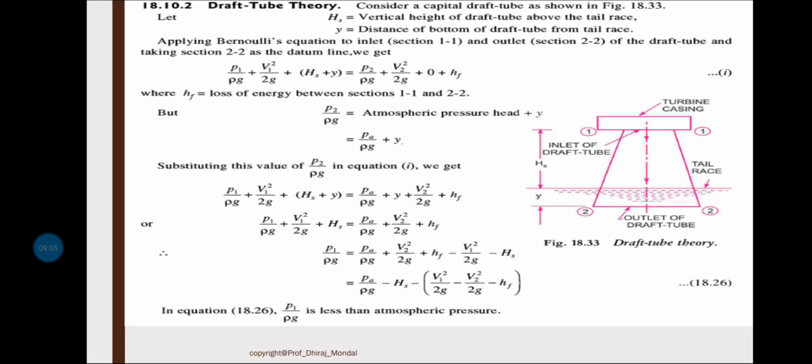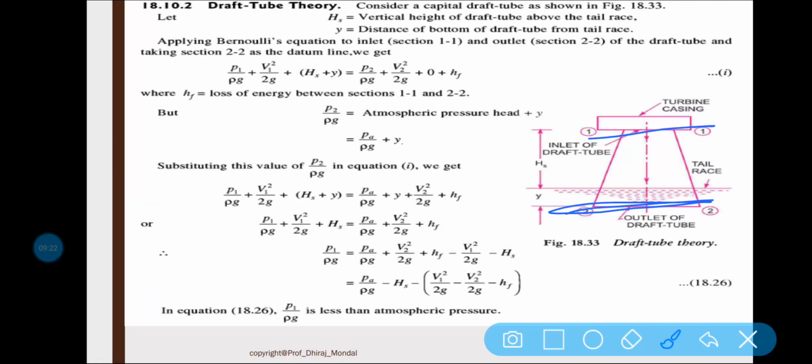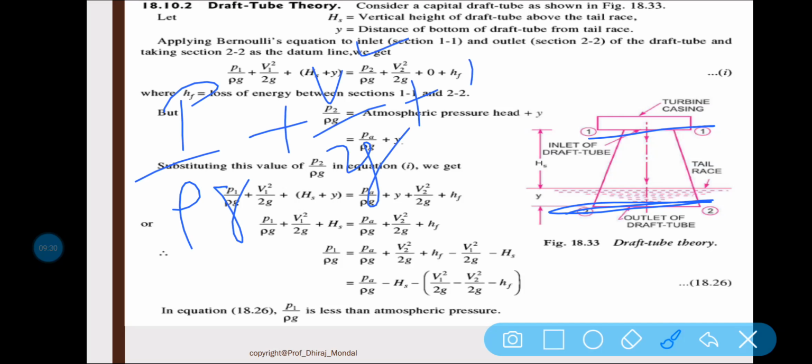Now let us discuss Bernoulli's equation here in section 1 and section 2. If you want to apply Bernoulli's equation between section 1 and section 2, what can we write? We know Bernoulli's equation: P by rho g plus V square by 2g plus Z is equal to constant, and at every point it will be constant.